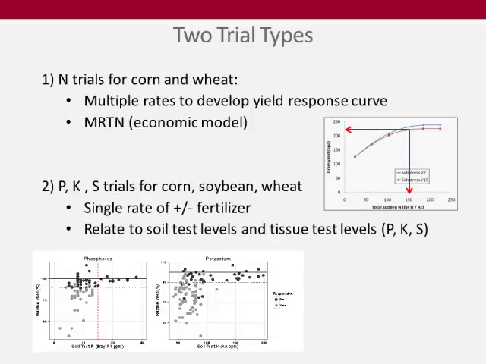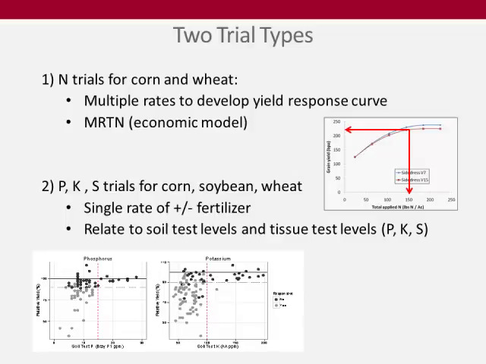For phosphorus, potassium, and sulfur in corn, soybeans, and wheat, it's really just a single rate, a plus or minus: unfertilized versus fertilized. The ultimate goal is to relate soil test level to tissue test level to relative yield. This is data that went into the original Tri-State recommendations from Ohio.